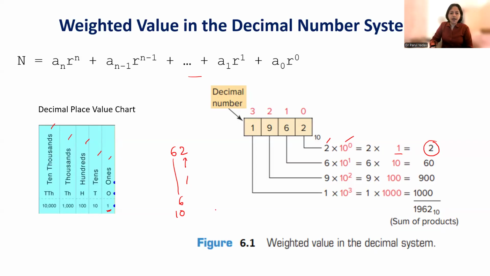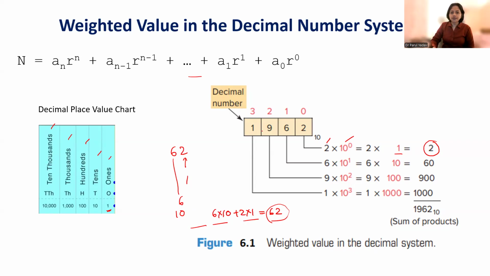So if we multiply 6 into 10 plus 2 into 1, you will get 62, right? So we are just taking the digits and multiplying them with their place values. If we add up all the terms, you'll get back the number. So here we are applying the same logic.